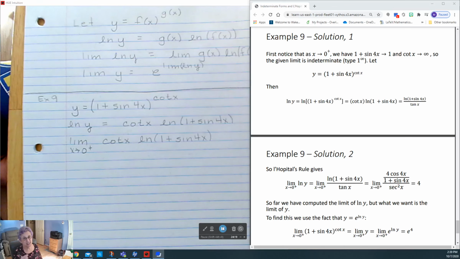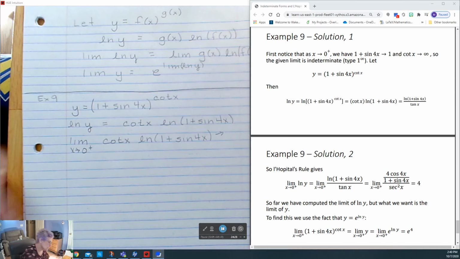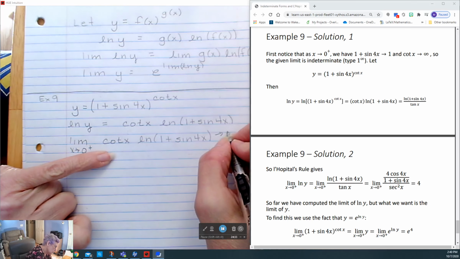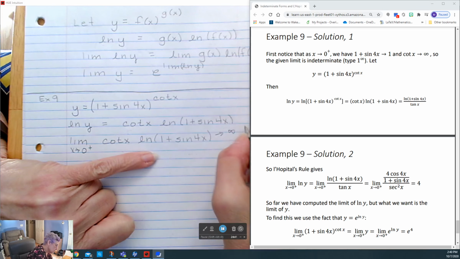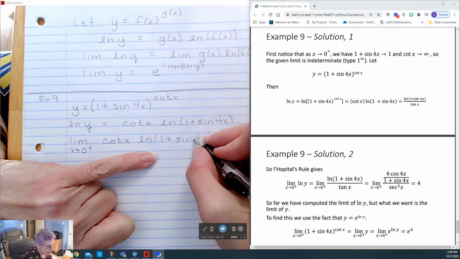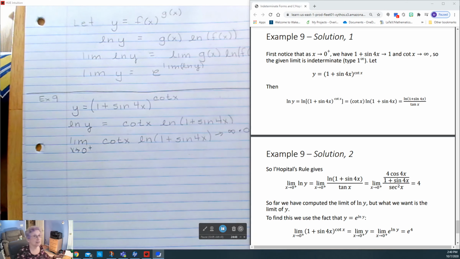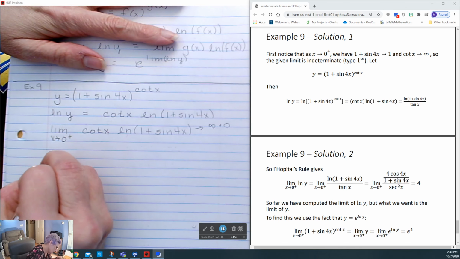And now you're sitting out there saying, you lost that 1, Miss Schleeper. I did, I lost that 1. That's why I was getting confused, because I was getting infinity times negative infinity, which wasn't what I expected. I expected infinity times 1, which is exactly what I have here, because cotangent goes to infinity, and natural log of 1 plus sine of 4x goes to natural log of 1, which is 0. So now I have what I expected, and life is good again.